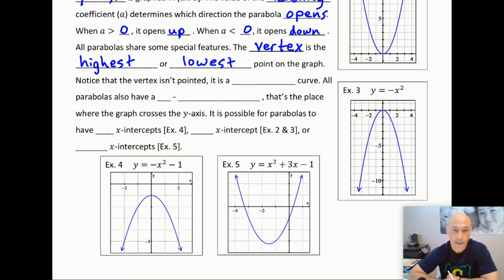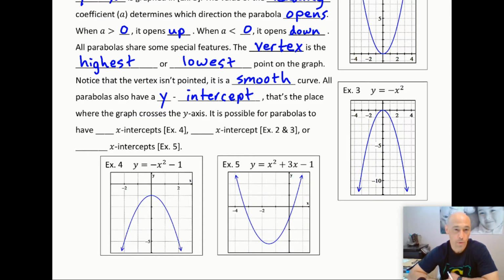Notice that the vertex isn't pointed, it's not sharp, it's a smooth curve. All right. All parabolas also have a y-intercept. Remember, the y-intercept is the place where the graph crosses the y-axis.